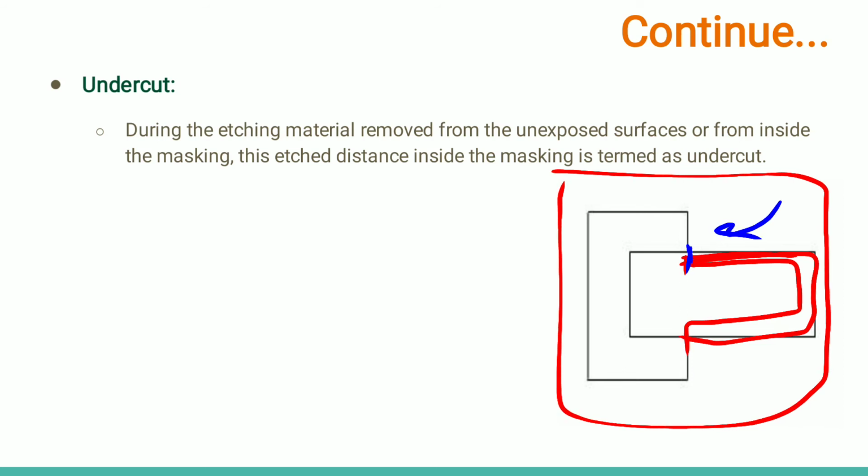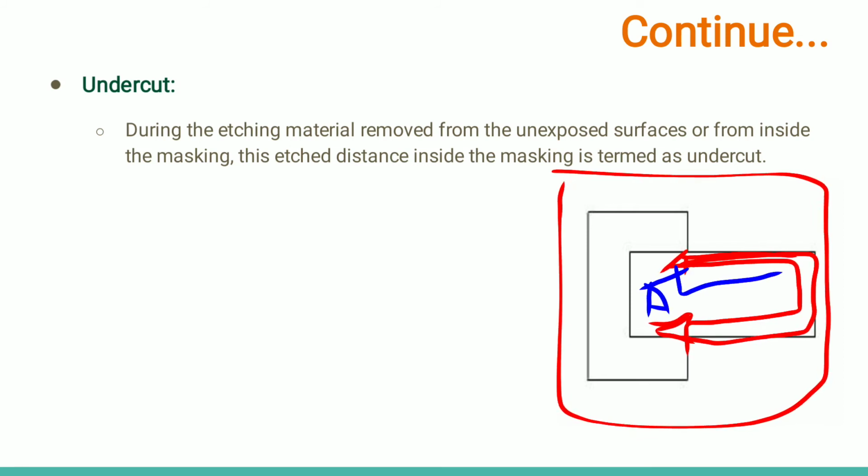What will happen is that it will move a little bit inside. It will move like this. So this kind of possibility is there. When you move to the second step, it will move like this.